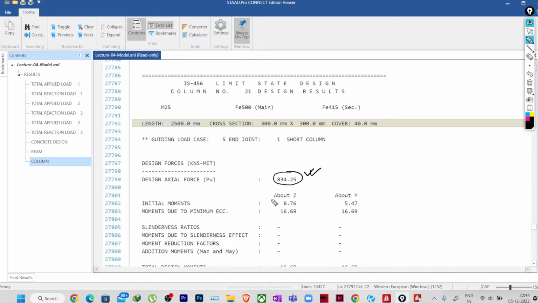Initial moments. Okay, so that means MUZ. Okay, moment about Z axis. So suppose this is my column. Okay, this is my column.